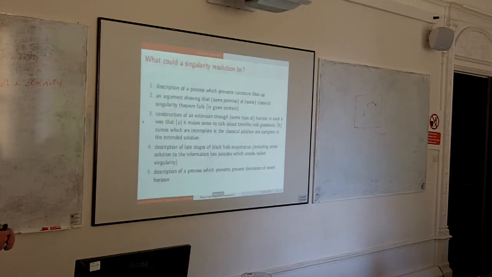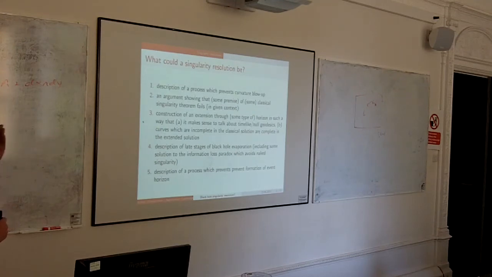So what exactly could that mean? Well, perhaps some quantum gravitational theory will provide us a description of a process which prevents curvature blowup. I think this is how most of the physicists conceptualize singularity resolution, but certainly not all of them.